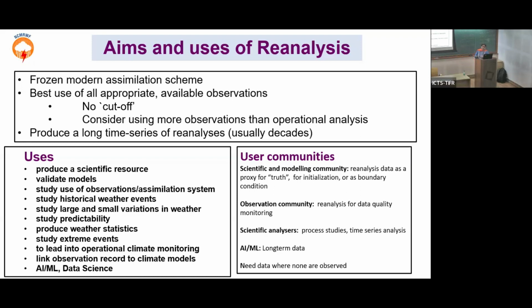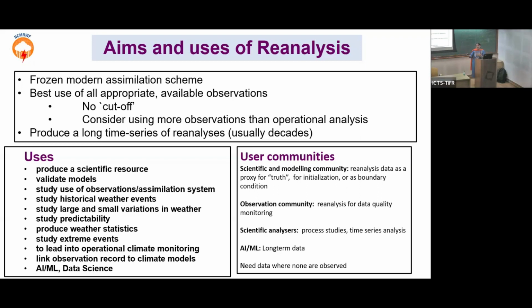Then who are the user communities? The scientific and modeling community. They use the reanalysis data as a proxy for truth, for initialization or as a boundary condition. Many of you may be using IMDAA and ERA5 data, so you are using the reanalysis as an observation. You are considering that as the truth.